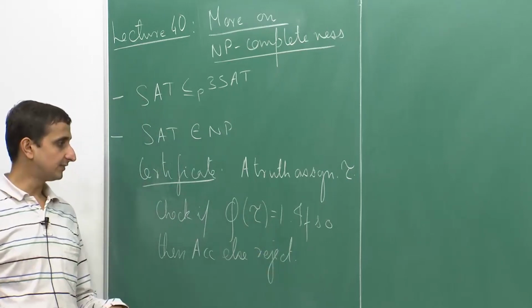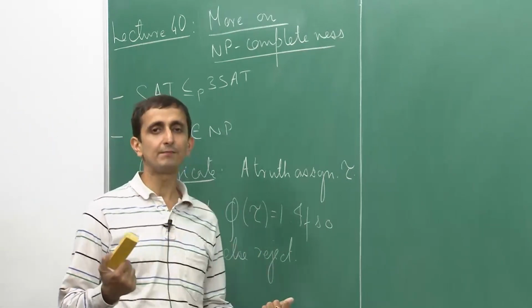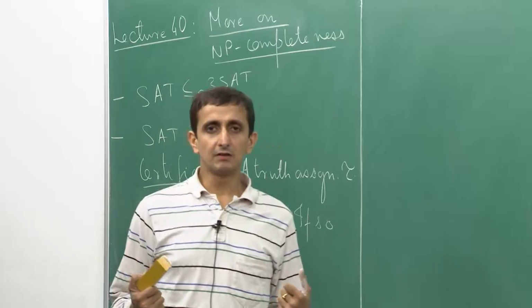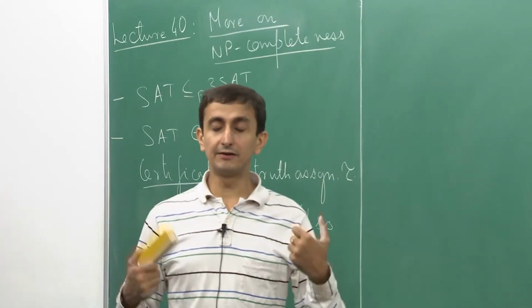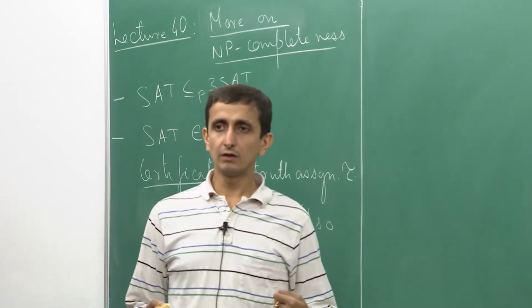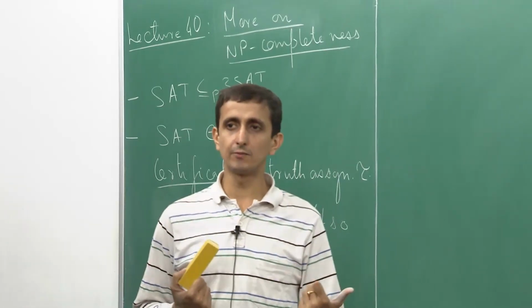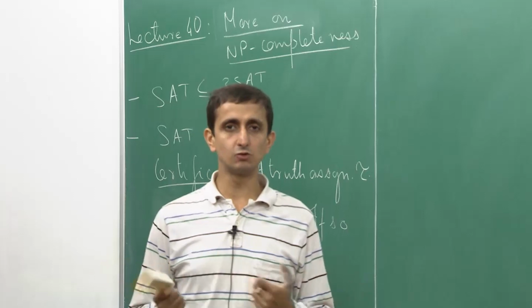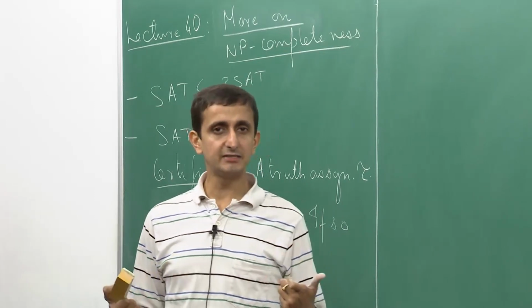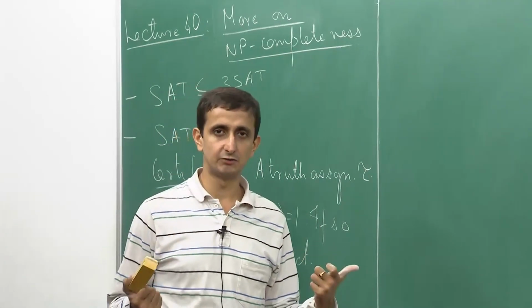Okay. So, observe that if we are given a Boolean formula phi and we are given a truth assignment tau, we can very easily plug in the values of the assignment onto the Boolean formula and check whether it evaluates to 1 or 0. So, that can be checked in polynomial time, okay, that is easy to check.